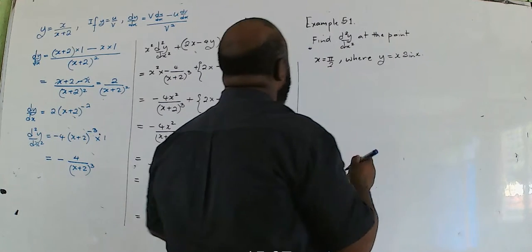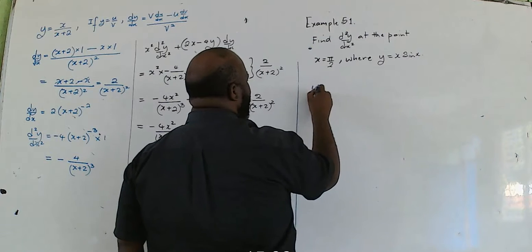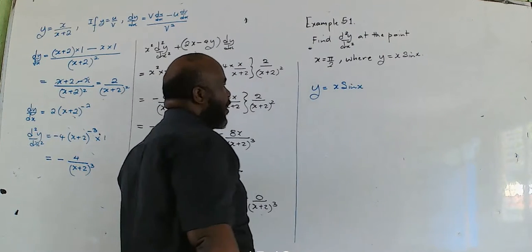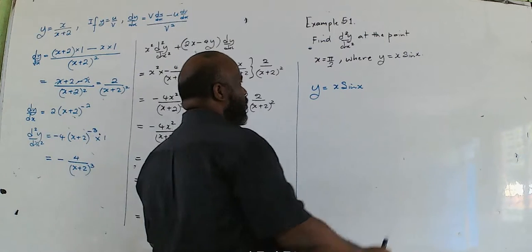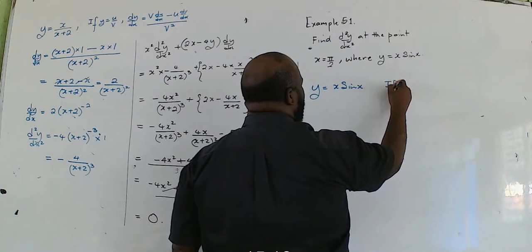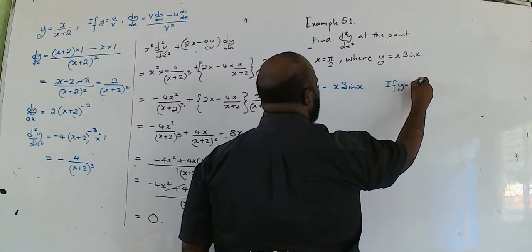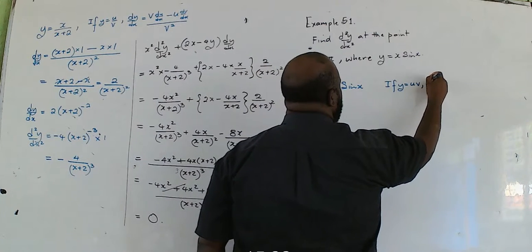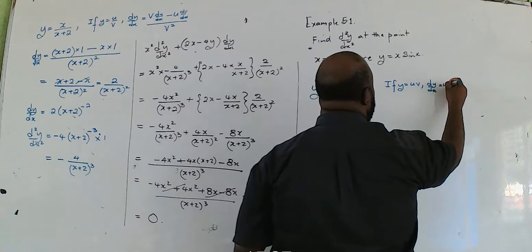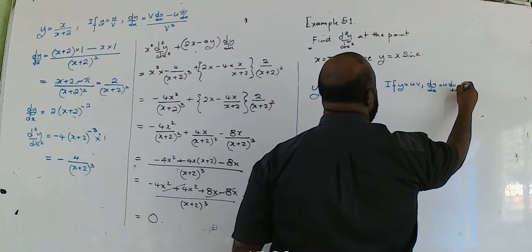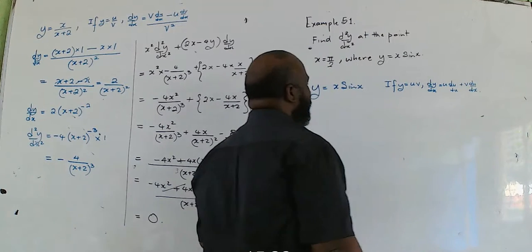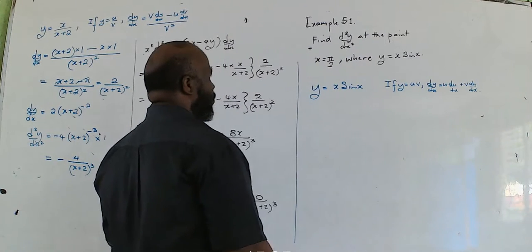Alright, so y is equal to x sine x. That's a product. So we're going to apply the product rule, which says that if y is equal to uv, dy by dx is equal to u dv by dx plus v du by dx. So let's apply the product rule.